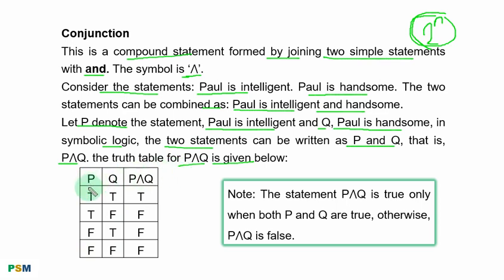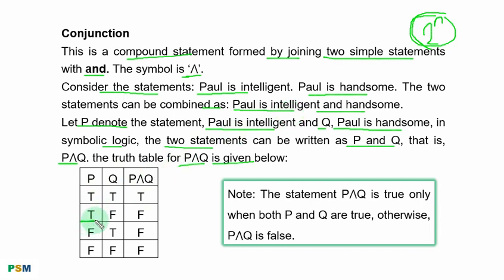So let's come here. This first one is saying that P means Paul is intelligent. Q means Paul is handsome. The outcome is true from the given statement.